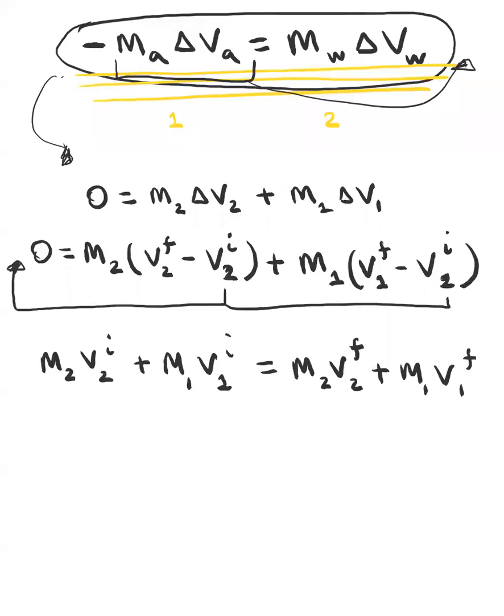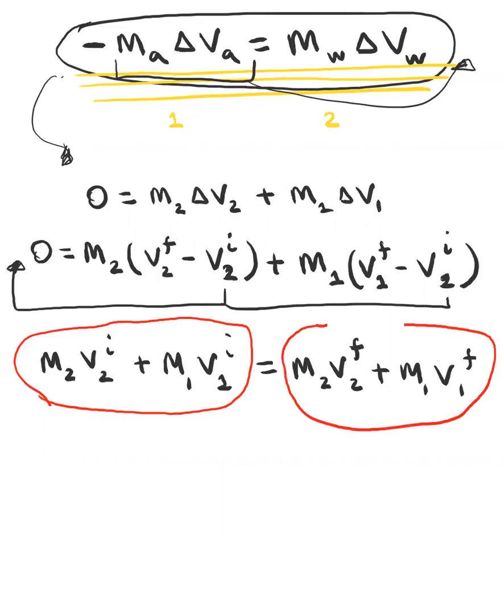Now this equation looks pretty interesting. If you look at it, you will see that there is something that we computed in the beginning, at the initial stage. And then there is exactly the same thing that we computed after the interaction, at the final stage. This thing, m times v plus m times v, has the same numeric value in the beginning and towards the end.